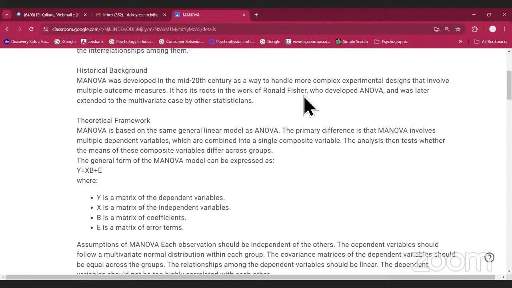So a linear combination of the number of variables will be considered as the dependent variable. If the variables are not correlated with each other, then we cannot use MANOVA for our analysis because we are dealing with the composite score.